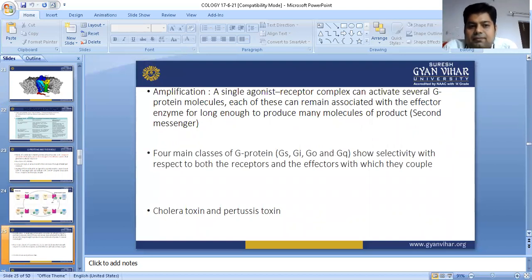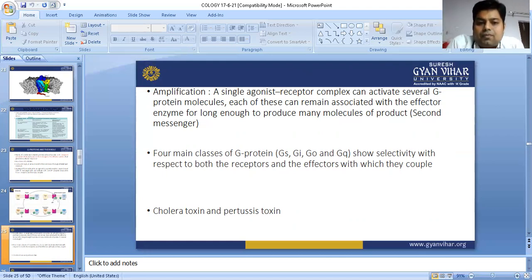Now amplification. A single agonist receptor complex can activate several G protein molecules. Each of these can remain associated with the effector enzymes long enough to produce many molecules of product, meaning secondary messengers.